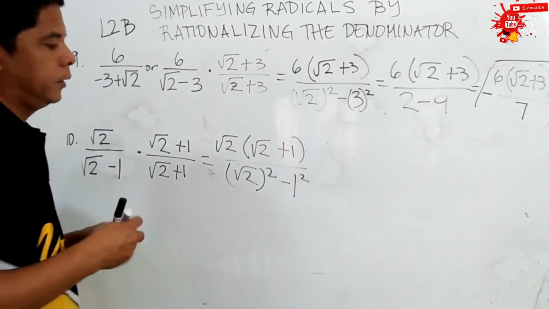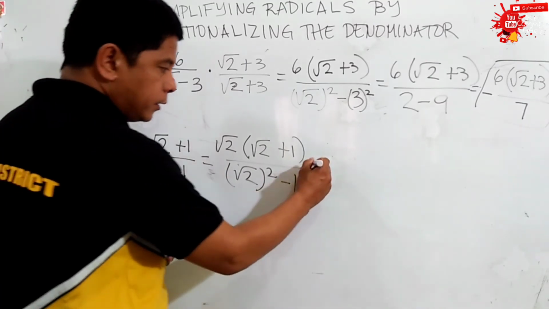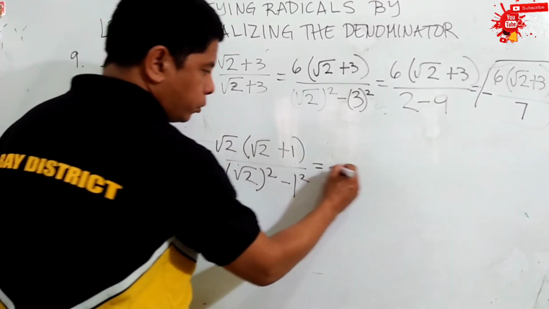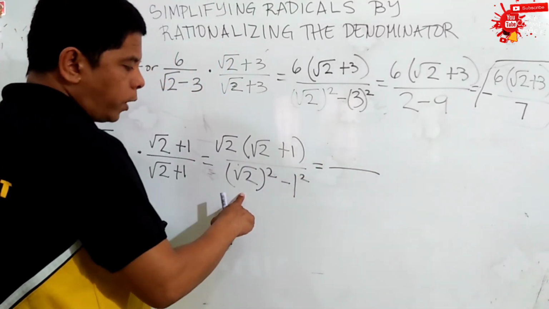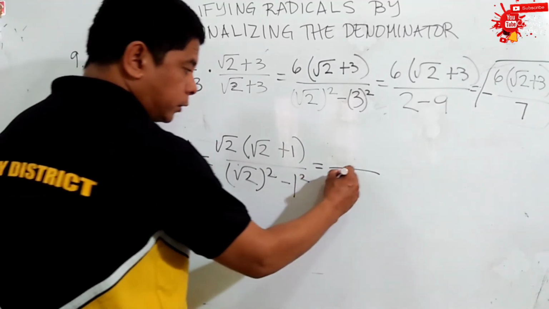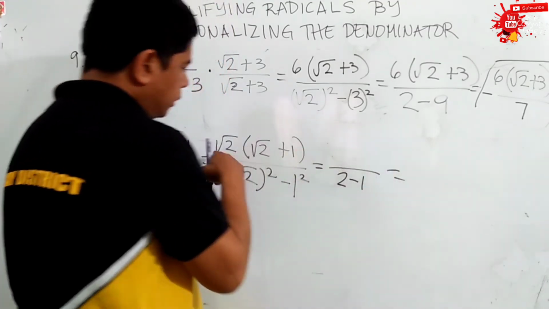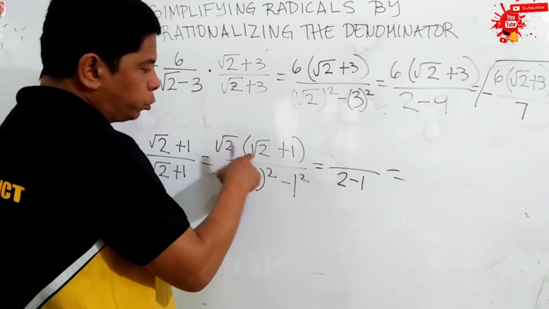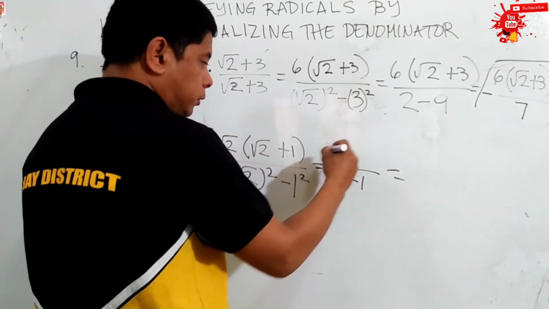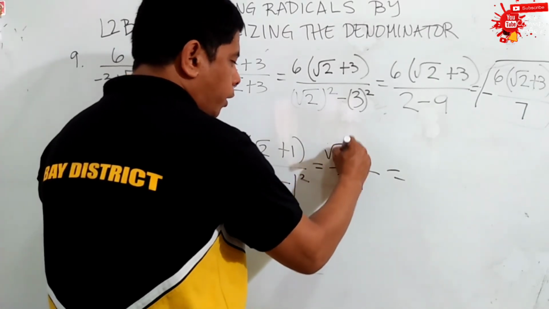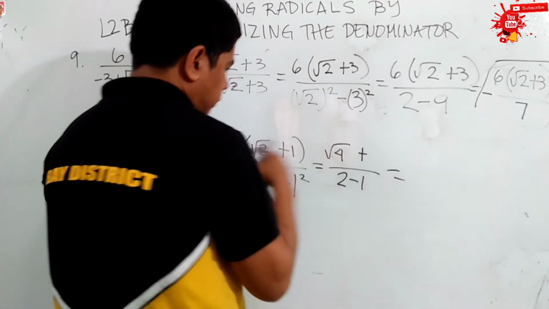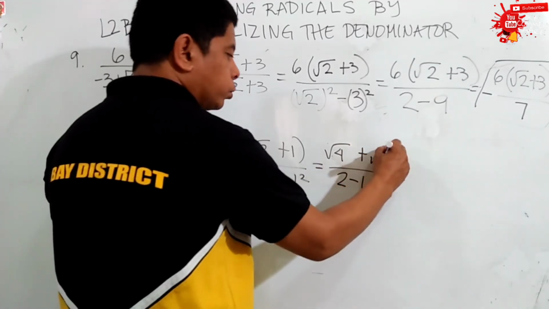Simplify. So, multiply natin yan. Lagay muna natin sa baba, the square root of 2 squared, that is 2, minus 1. Then, the square root of 2 times the square root of 2 is the square root of 4, plus the square root of 2 times 1 is the square root of 2.